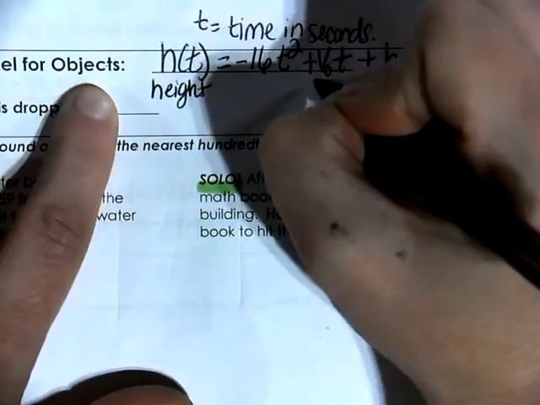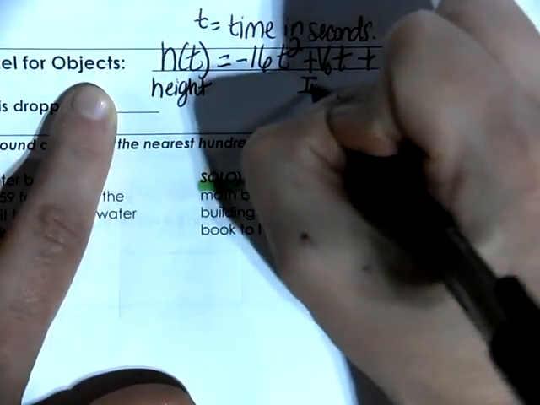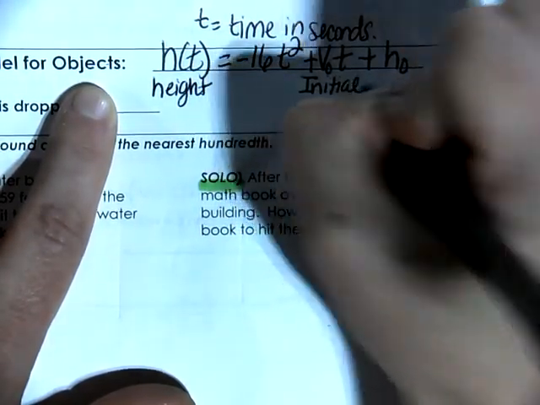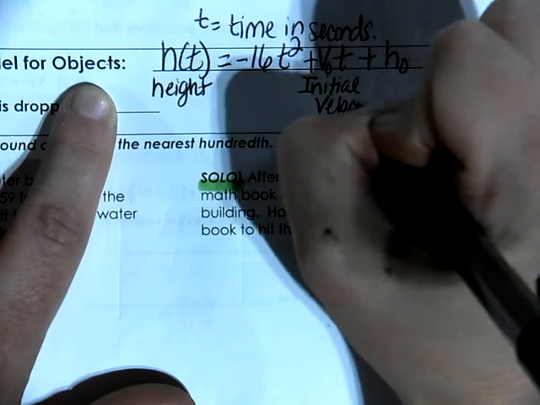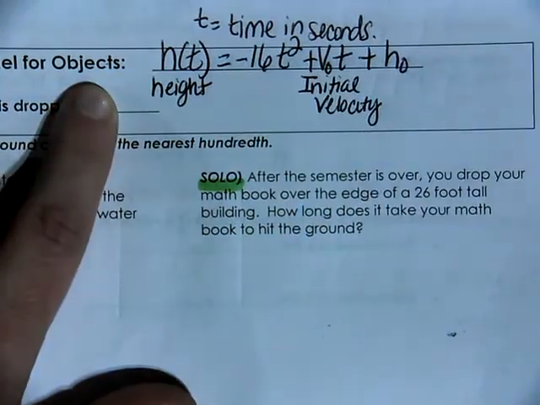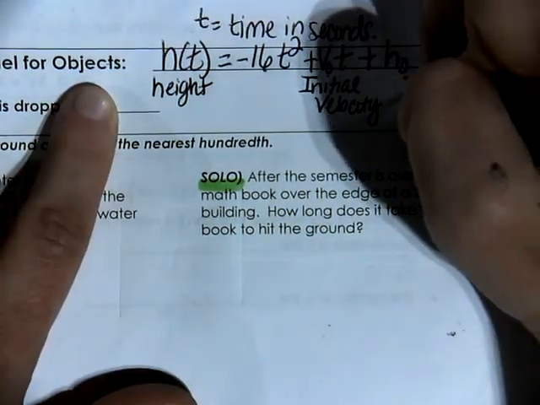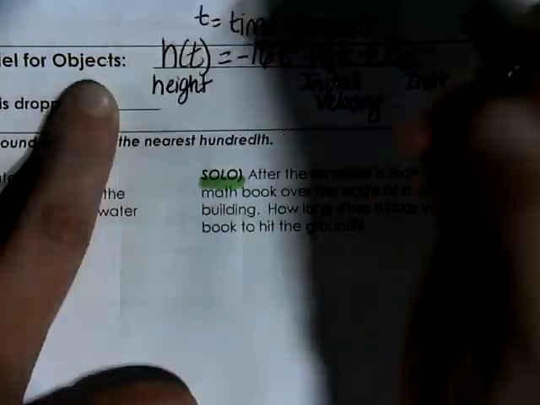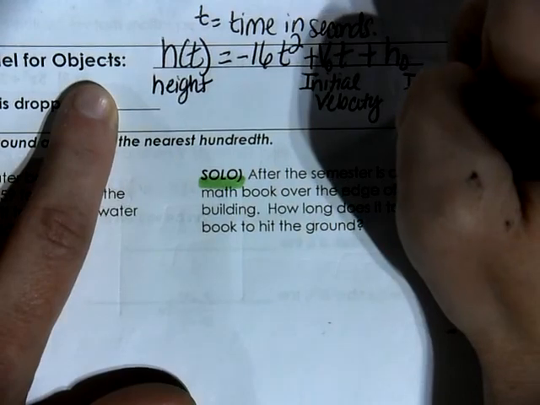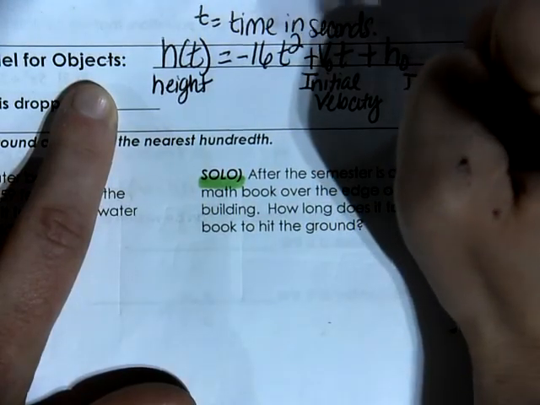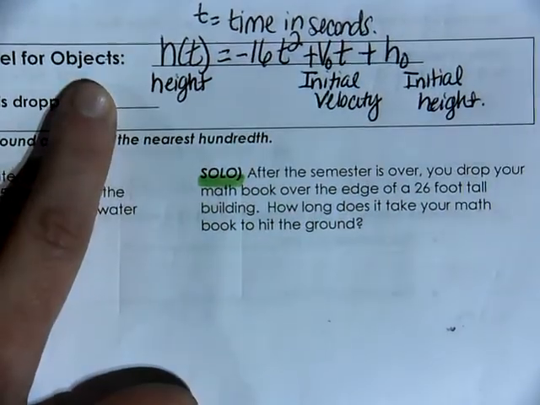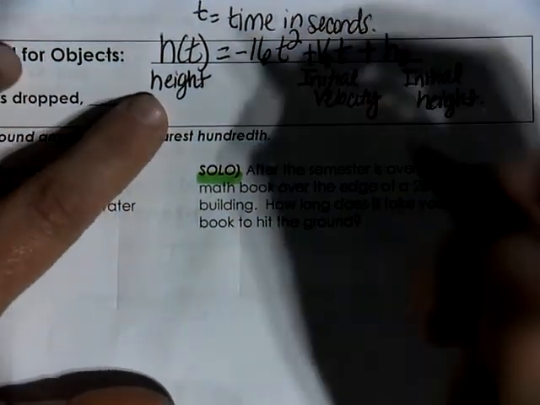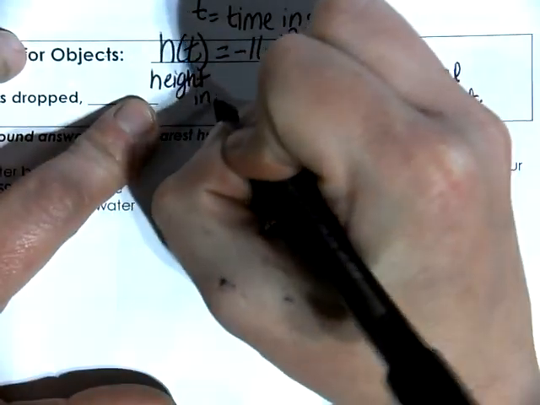V sub 0 represents your initial velocity. And h sub 0 represents your initial, which initial is another word for starting, height. This height, I forgot to mention, is in feet.